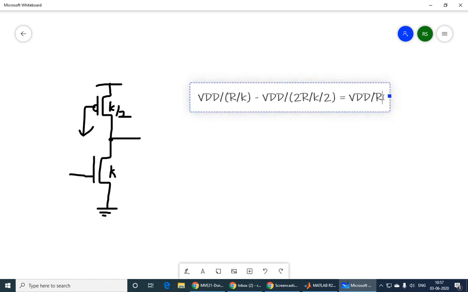If you solve this equation, there's only one variable, that is K. VDD gets cancelled all over, R gets cancelled all over. We can solve for the K. So you should get something like K minus K by 4 equal to 1. No, maybe that's wrong.